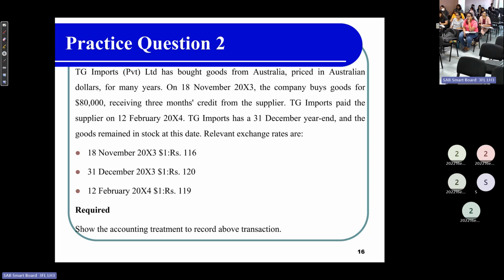SLFR 9 is recognition and measurement. SLFR 7 is for the measurement disclosure, because I wanted to focus on the disclosures in this assignment. Right? When you talk about disclosures, definitely there are connections for the recognition, measurement, initial recognition, everything would be connected, but you need to comply with disclosures.